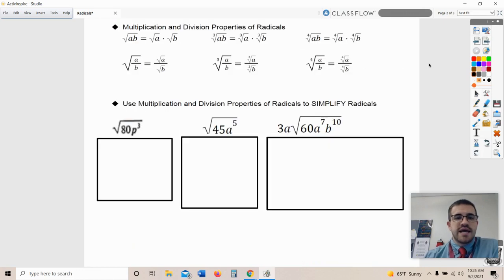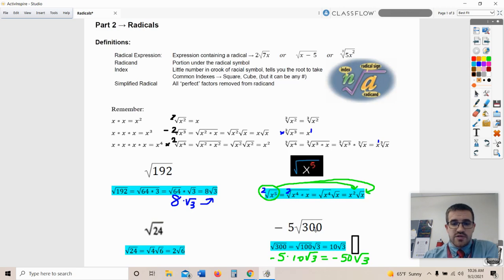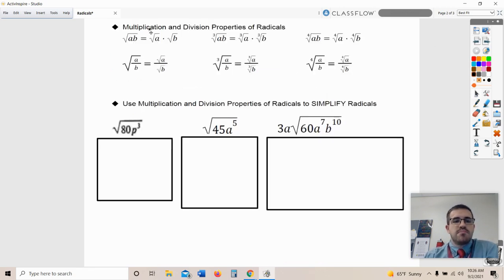All right, so on the next page up here, we have the multiplication and division properties of radicals. And these problems are a little bit harder. Now we're introducing variables into the equations, whereas back here, we're just focusing on one term underneath the radical. But looking at your multiplication division property of radicals, we can apply this multiplication property all across the board.